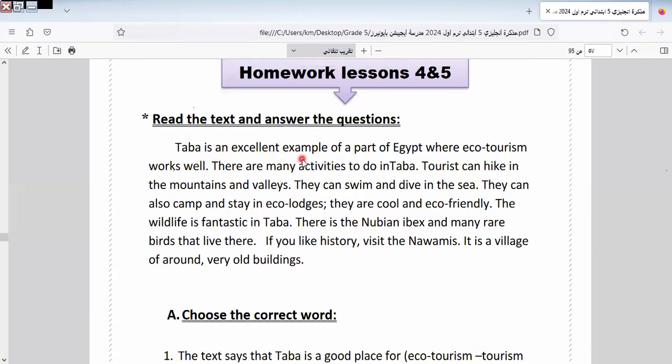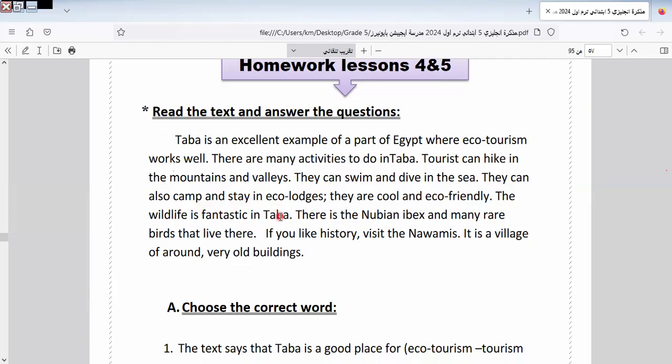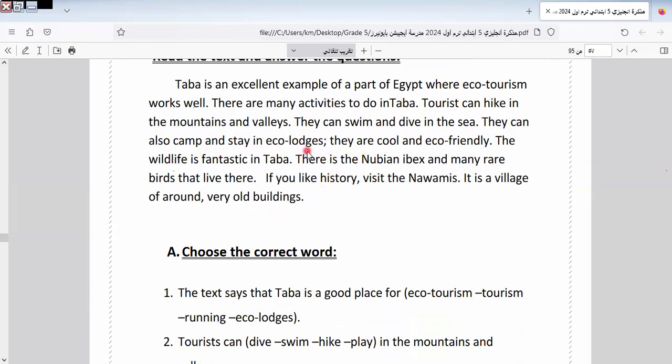Taba is an excellent example of a part of Egypt where ecotourism works well. There are many activities to do in Taba. Tourists can hike in the mountains and valleys. They can swim and dive in the sea. They can also camp and stay in eco lodges. They are cool and eco-friendly.